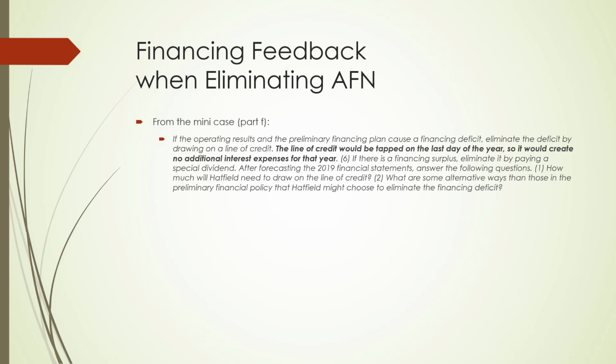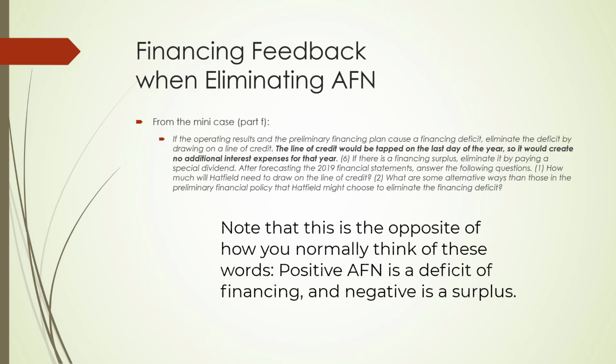So let me explain here. If AFN is a positive number, and remember how we calculate AFN is total forecasted assets minus total forecasted liabilities and equity, so if that number is positive, which it is in this case, we saw it was 59, that means there is a deficit of discretionary financing.